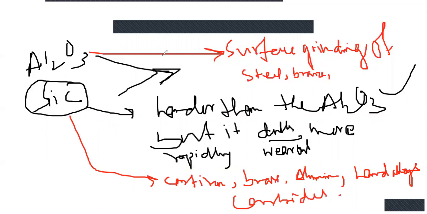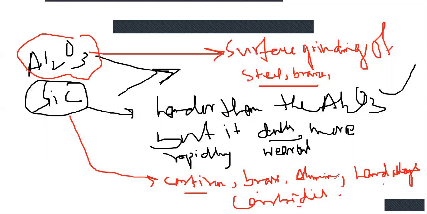So aluminum oxide is commonly used for the surface grinding of steel and bronze. Silicon carbide, whereas, is used for cast iron, brass, aluminum, hard alloy, and carbide also.